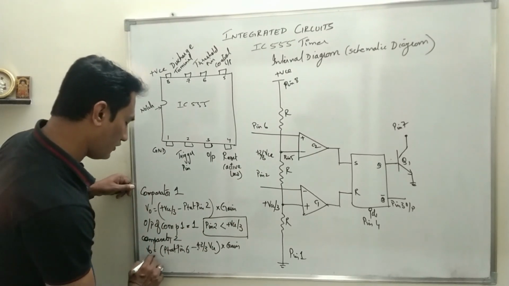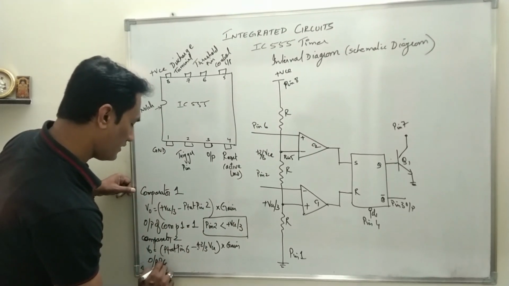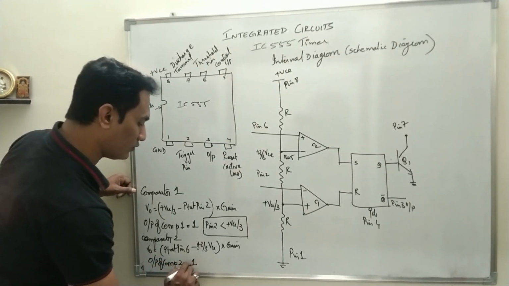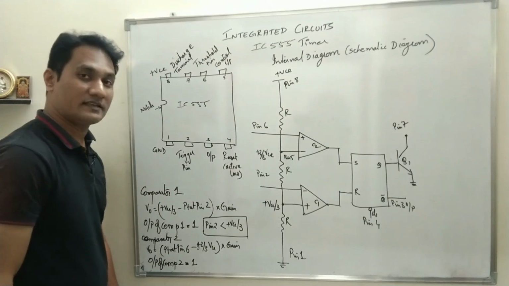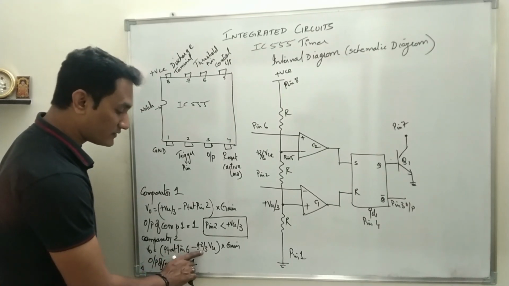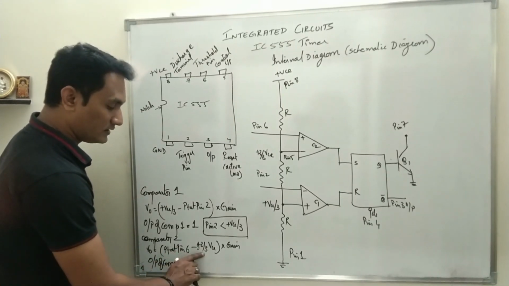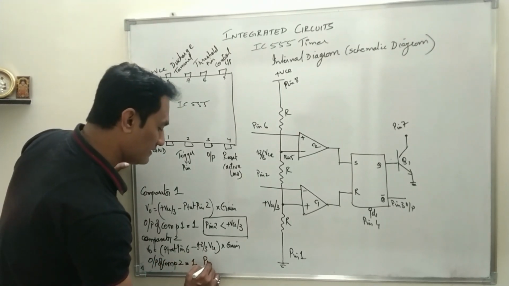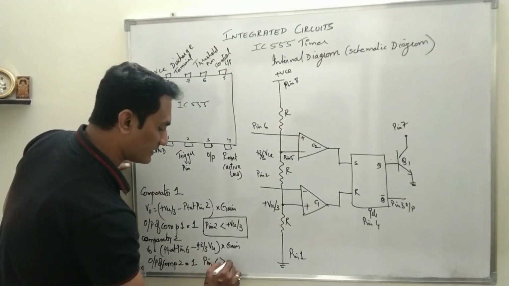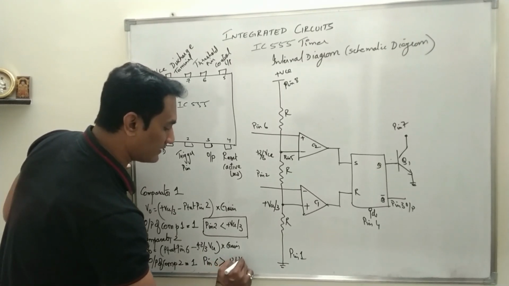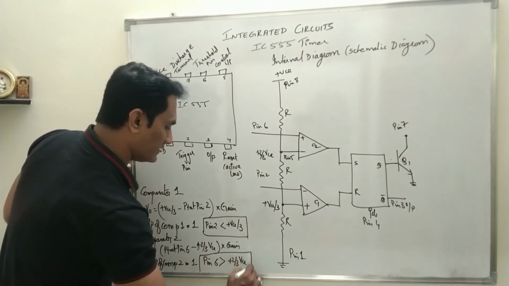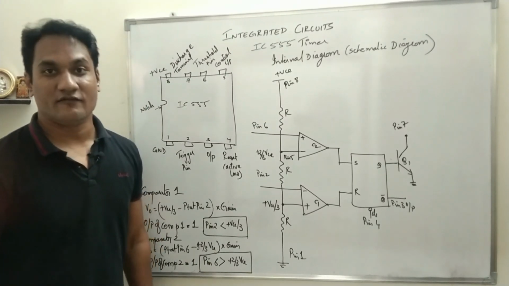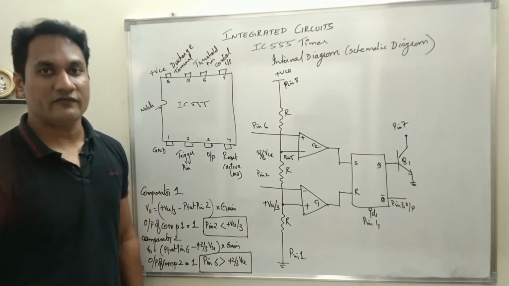So the output of comparator 2 will be equal to 1 when it goes towards positive saturation, when the difference of these two is positive. And the difference is positive when the potential at pin 6 is greater than plus 2 by 3 of VCC. Okay, so these are the two triggering conditions for the IC 555 timer.